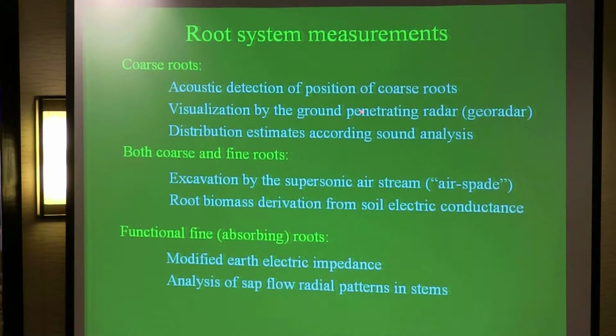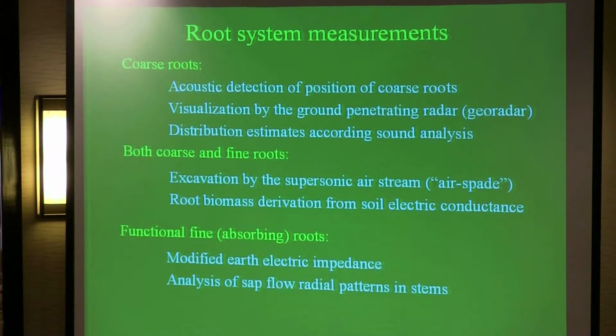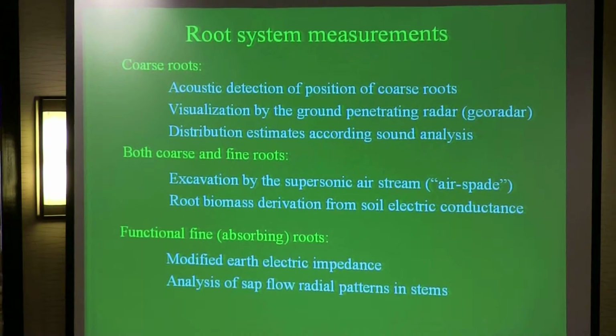We can use ground penetrating radar. Again, the radar can see roots of a finger size, roughly, just only rarely smaller ones. So they are skeleton roots, fine, they are good for conducting, but not for absorbing water, because water is absorbed by fine roots, fine root tips.